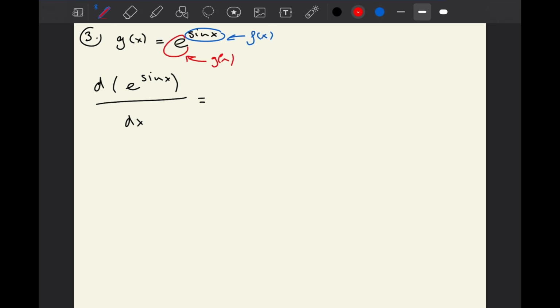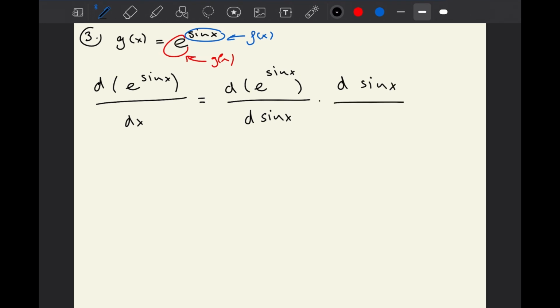We're taking g of f of x. That's our composite function. So, in order to take the derivative, we're going to take the derivative of e to the power of sine of x with respect to sine of x times the derivative of sine of x with respect to x.